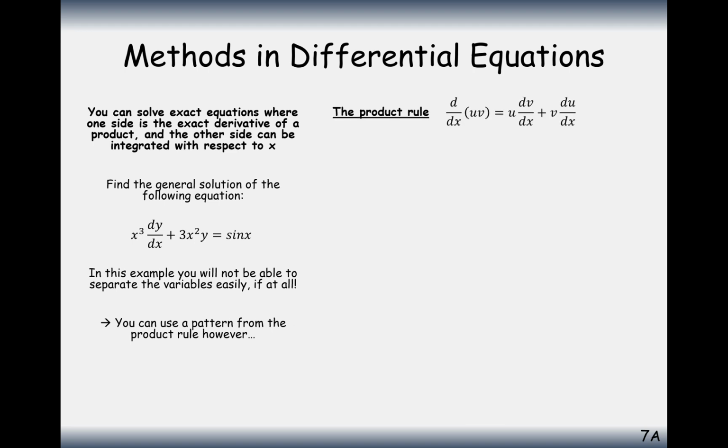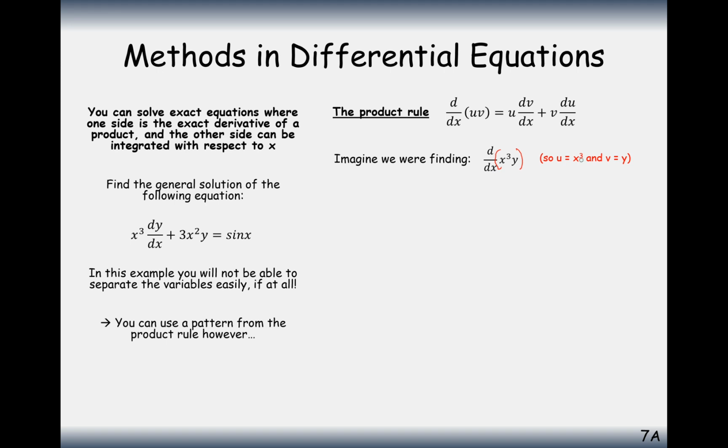The product rule says that if you're differentiating u times v, the answer is u times the differential of v, plus v times the differential of u. We can see that pattern in the left-hand side of our equation. Imagine we were finding the differential of x cubed y by implicit differentiation.